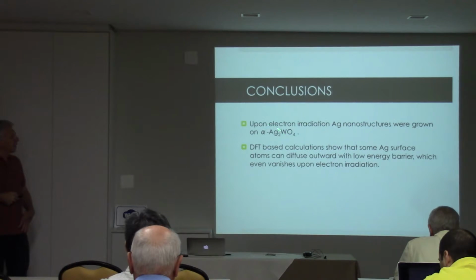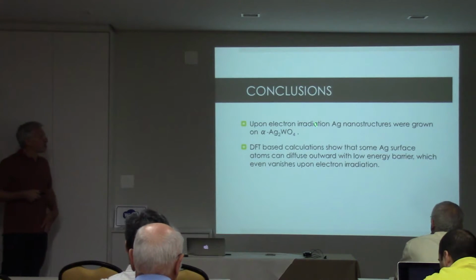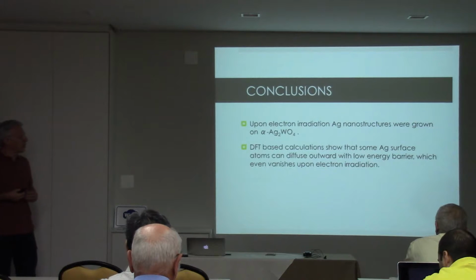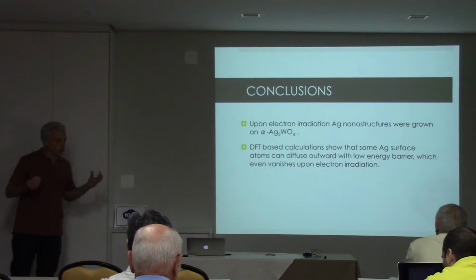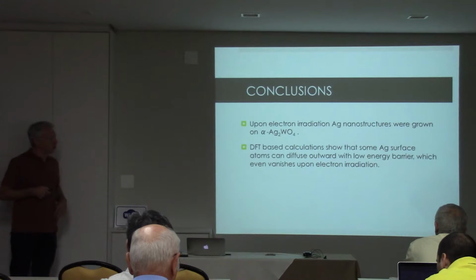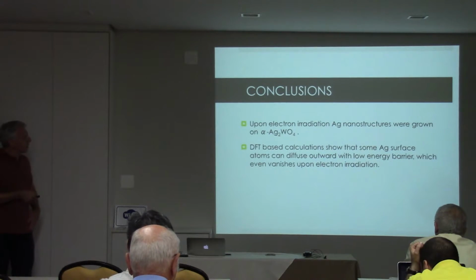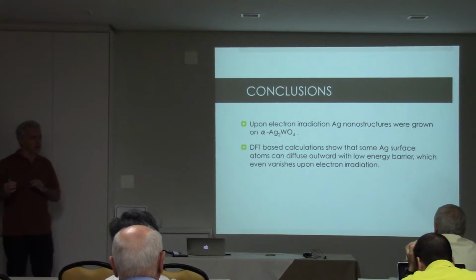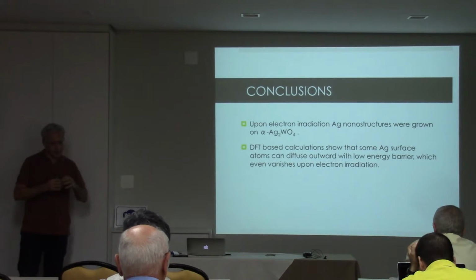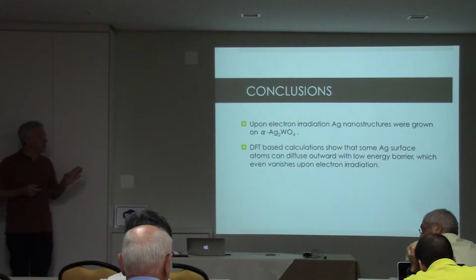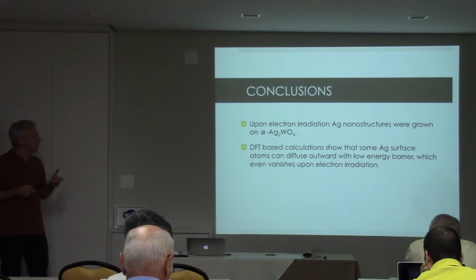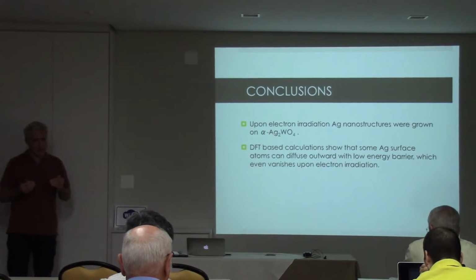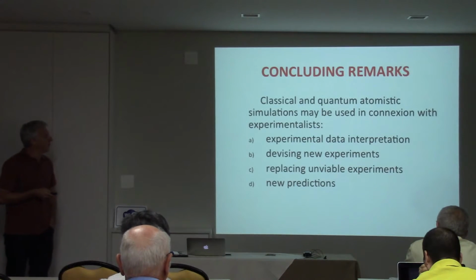The first is how the electron irradiation can generate the formation of silver nanostructure on silver tungsten, and how the DFT calculation can help to understand the initial process of the diffusion of surface atoms outward and without energy barrier, and how the electron irradiation also accelerates the process, reducing the energy barrier.